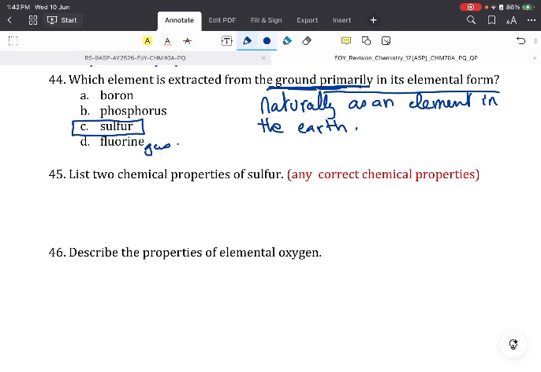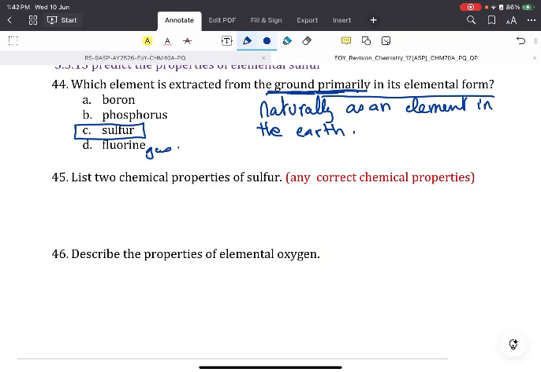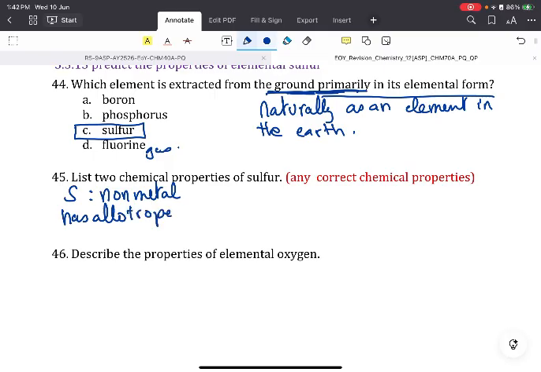List 2 chemical properties of sulfur. So let's look at the properties of sulfur. It's a non-metal. Let's list other properties. Sulfur is a non-metal and has allotropes, for example.